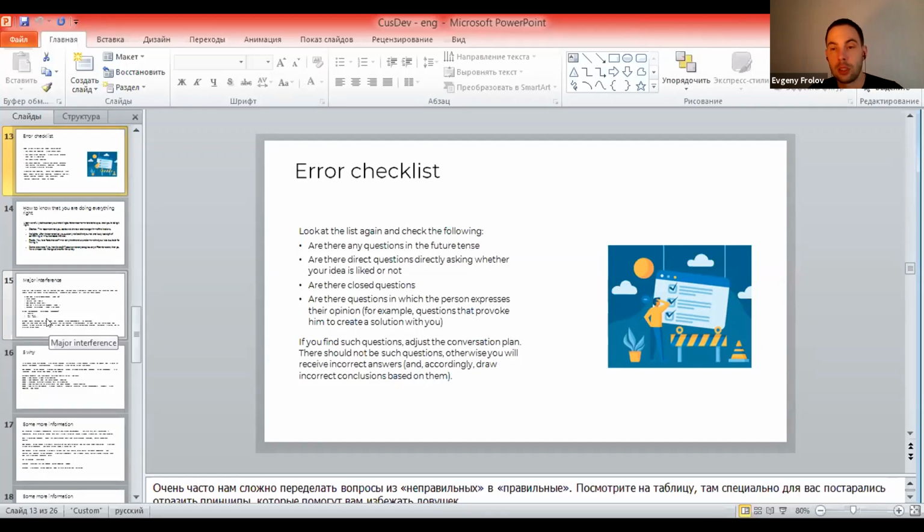What's important is that you have a right to correct your questions. If you understand during the interview that a question is not relevant, then after the interview, analyze whether to exclude it or to reformulate it.